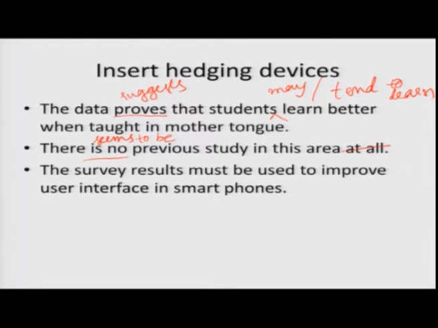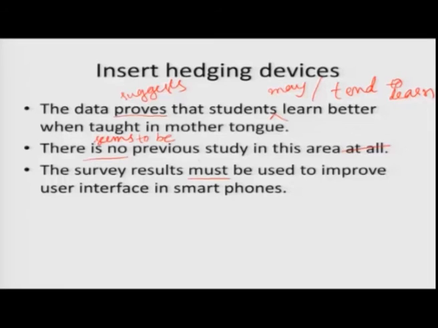So, what is the issue here? The issue is with your modal verb "must". This is a very high level of certainty. You are making it compulsory, but that does not work.